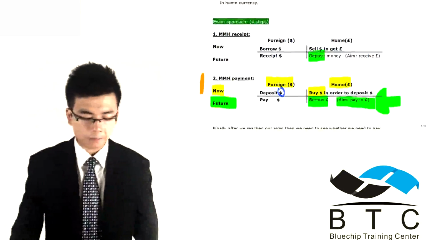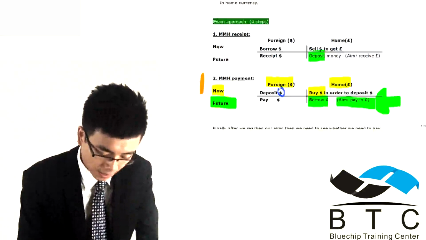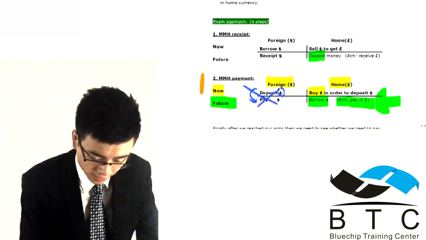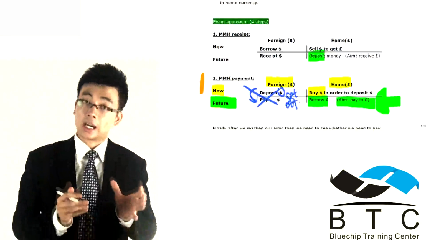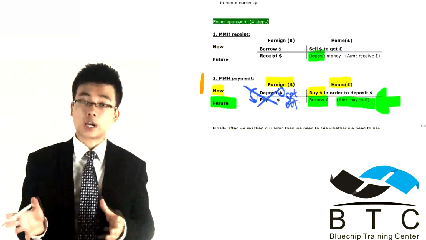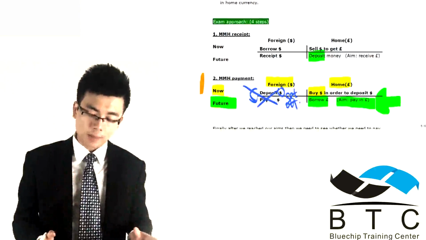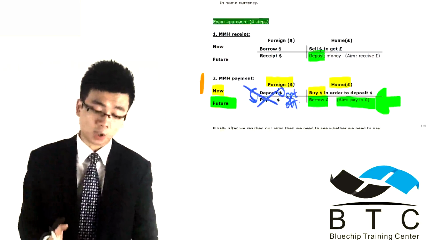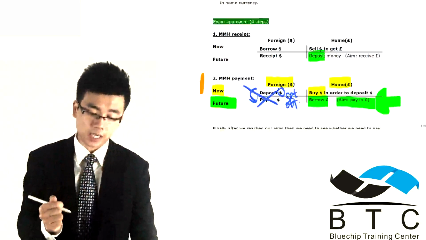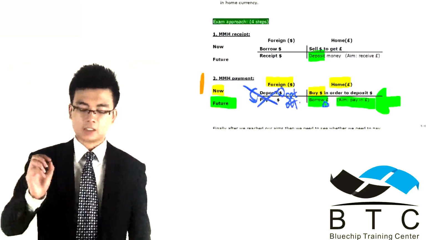Let me just remind you that after we have to pay at some point in the future, we can use the deposit to set off against each other, so we have no foreign exchange rate risk anymore. Because it's the MMH payments, we purchased the dollars in order to deposit them, so we're going to borrow some money from the bank denominated in UK pounds.